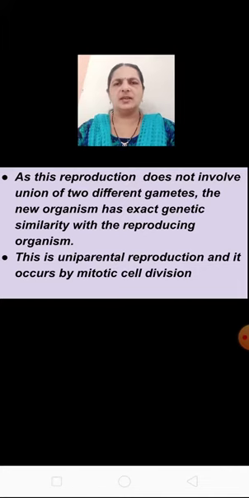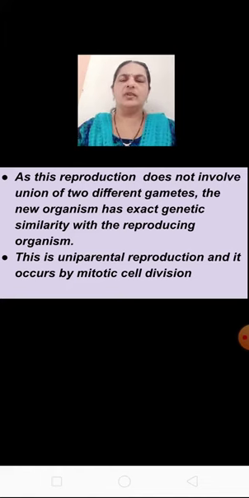In meiosis we saw how crossing over takes place between two chromosomes and there is genetic variation, but here there is no involvement of two gametes. Only the parent is divided into smaller parts, and that is asexual reproduction.